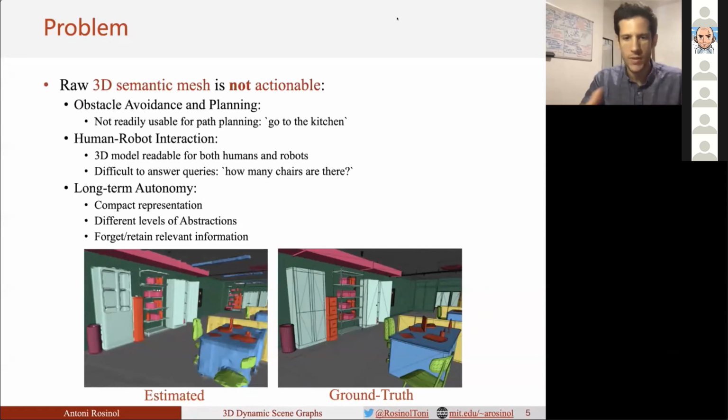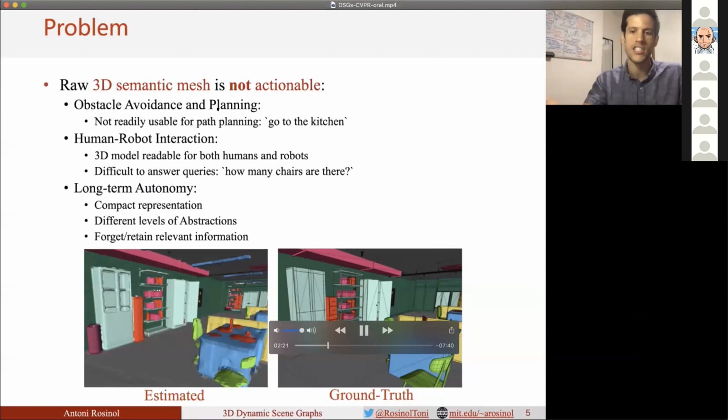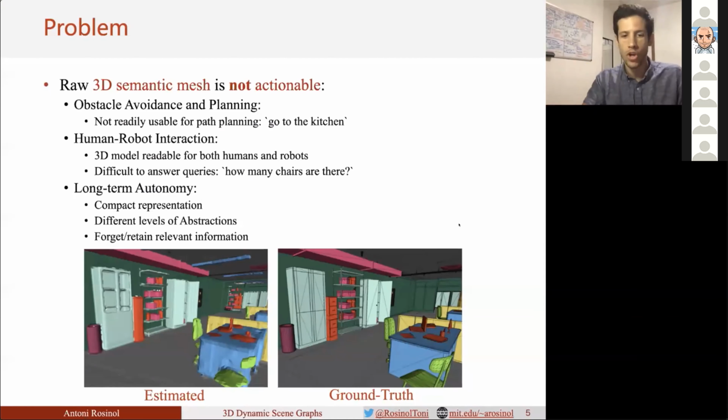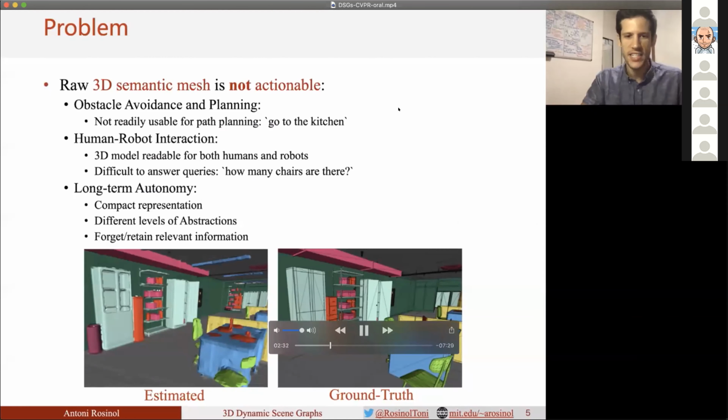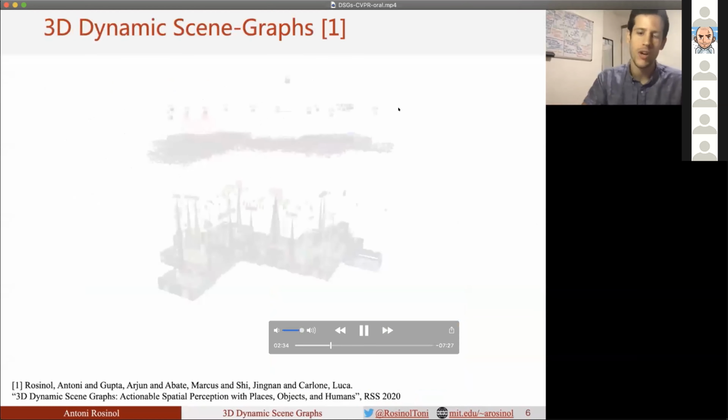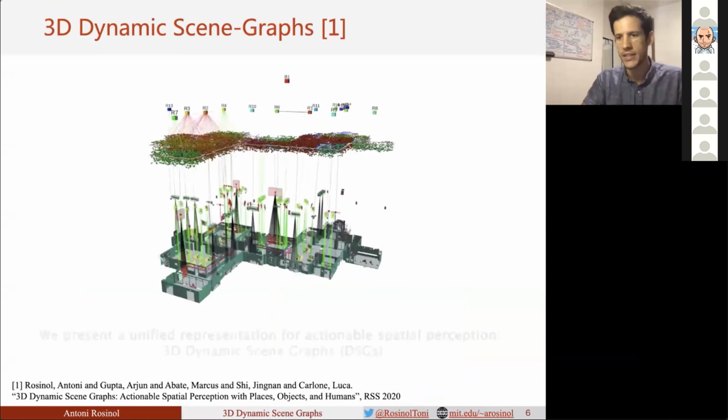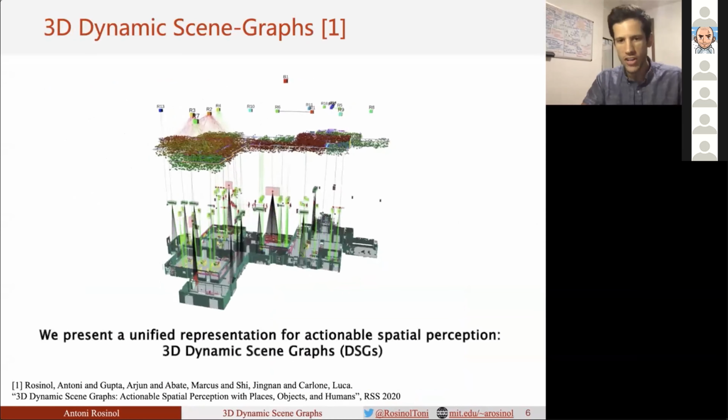Moreover, since as humans we prefer to reason in terms of higher-level abstractions, our map needs to encode higher-level concepts such as rooms and buildings instead of just objects. Finally, we would also like to encode dynamic agents in the scene, such as humans. To achieve these requirements, we propose a 3D dynamic scene graph, or DSG. A DSG is a tree-like representation that abstracts a dense 3D model, such as a metric semantic mesh, into higher-level spatial concepts.